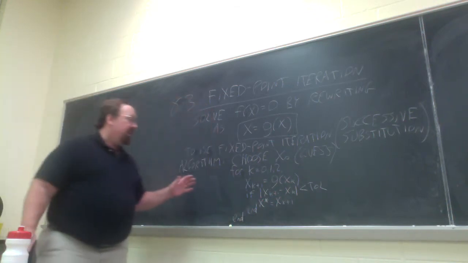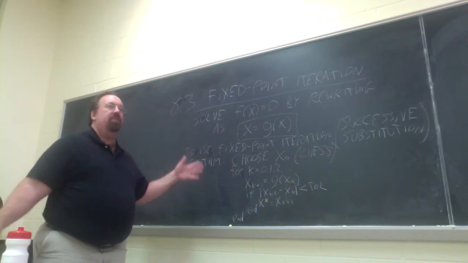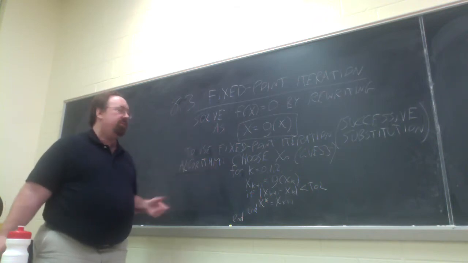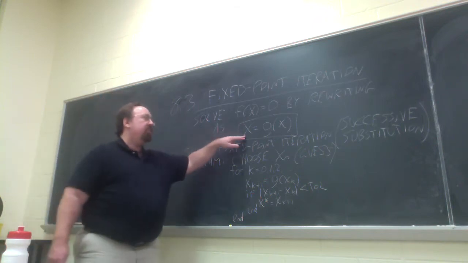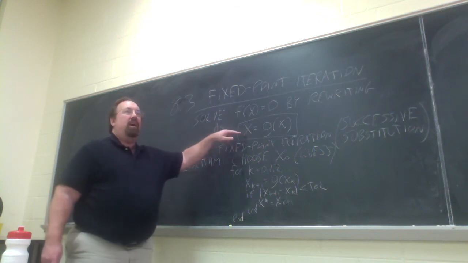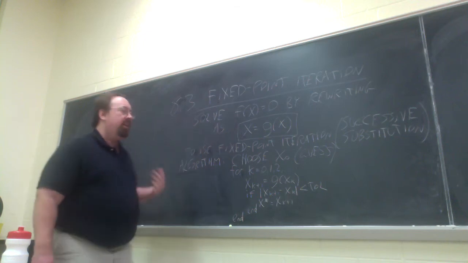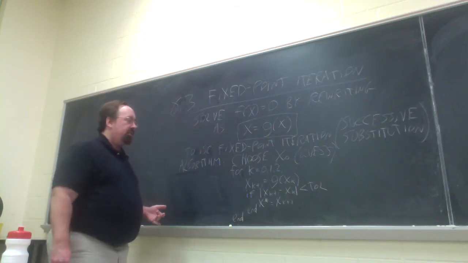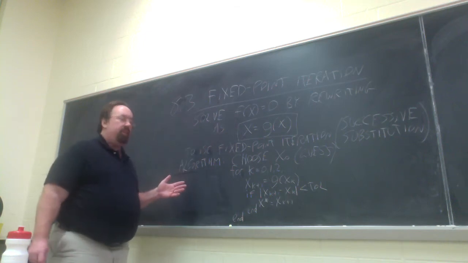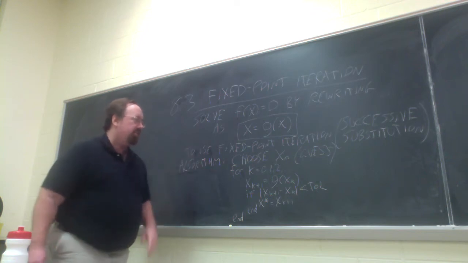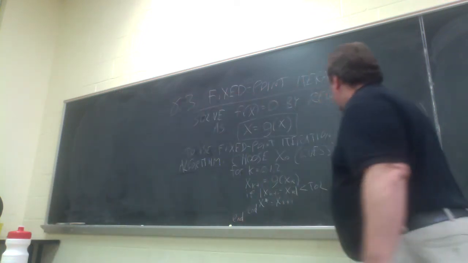So if the iteration converges, then it will produce a root x star that satisfies x equals g of x, which for properly chosen g will be equivalent to the original equation you're trying to solve, f of x equals 0. But we have questions to answer about this iteration.